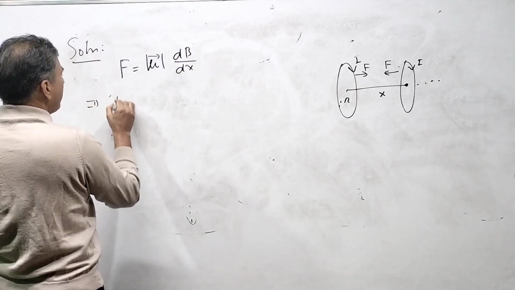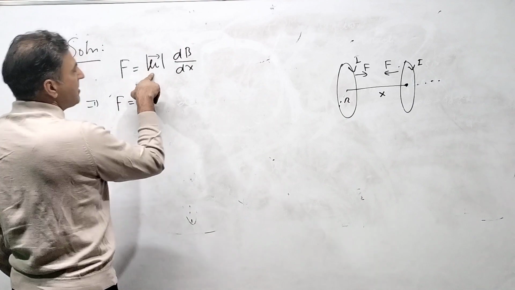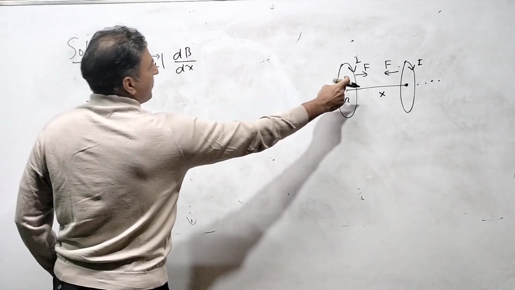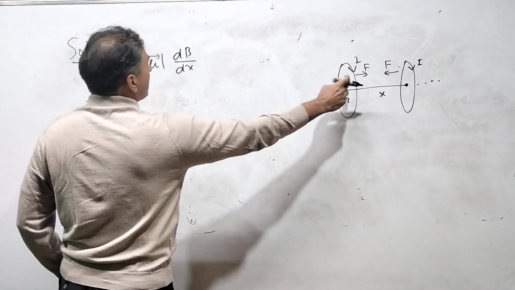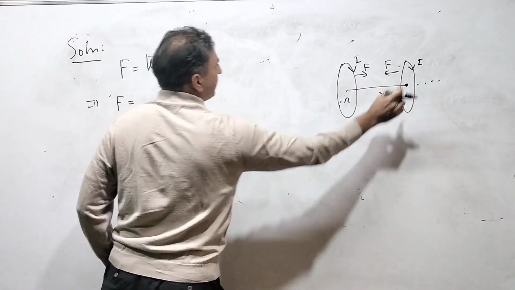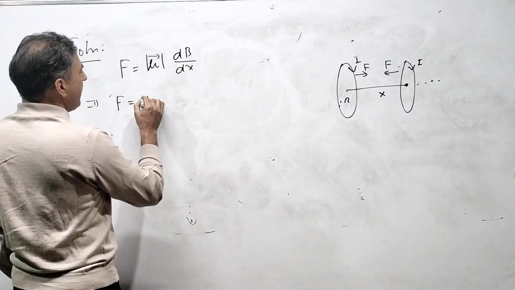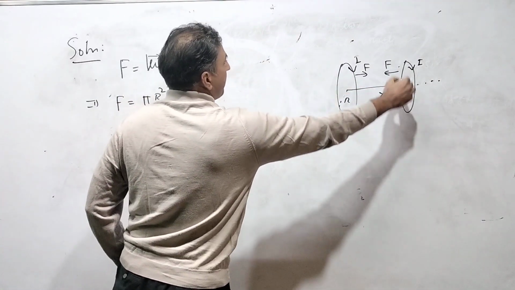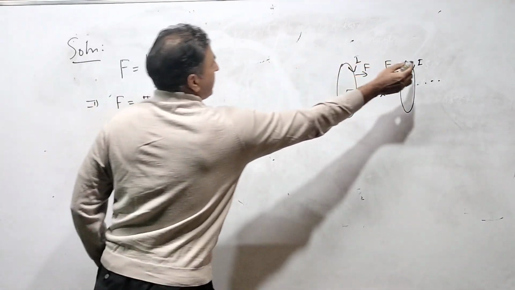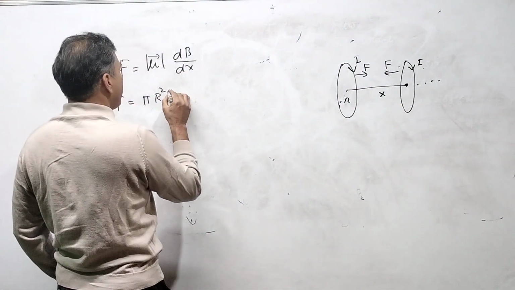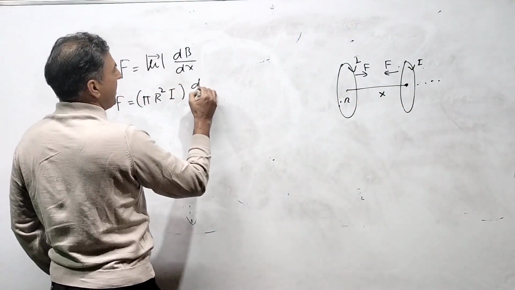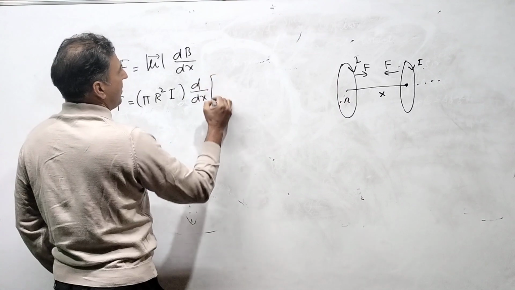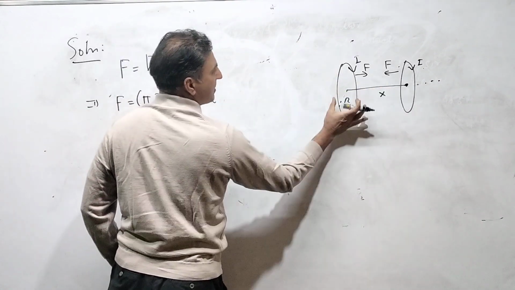That is F equal to μ, magnetic moment of this coil, that's πr², area of the coil into its current I, d by dx.